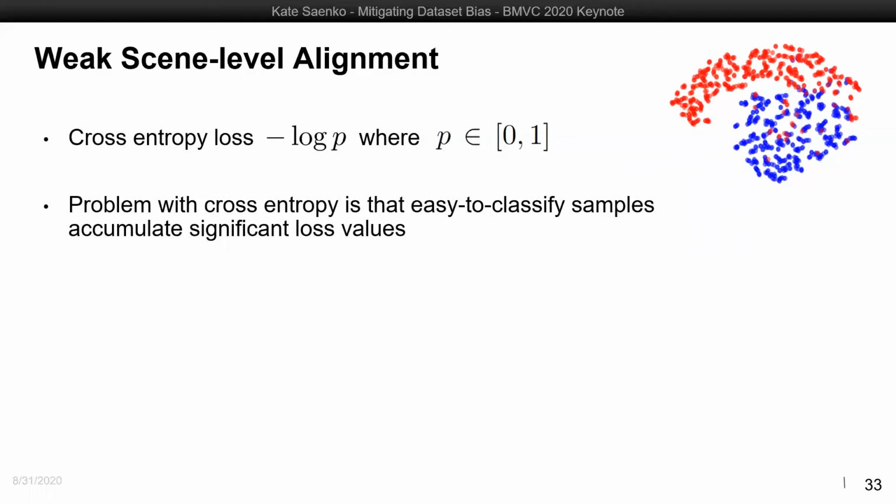The problem with this cross-entropy loss is that the easy-to-classify samples, which are samples that are very different between the two domains, will accumulate significant loss values, so they'll dominate the loss. And the discriminator will be mostly focused on those examples. So instead, what we want to do is focus on examples that are more similar across the two domains, which means that they're the harder examples for the discriminator to tell apart.